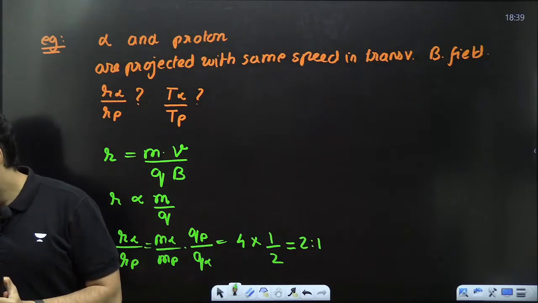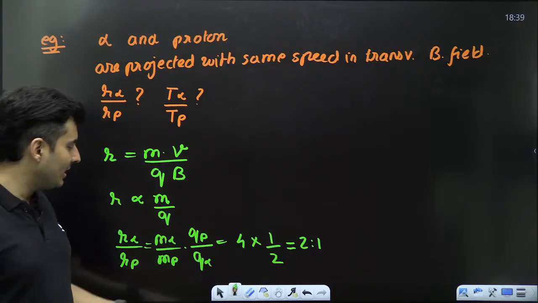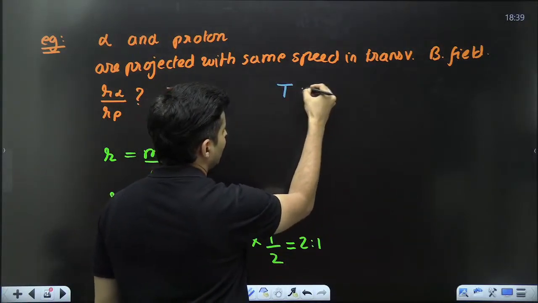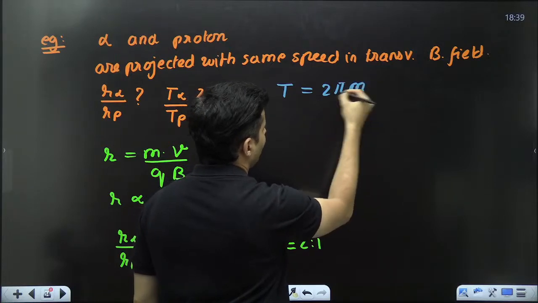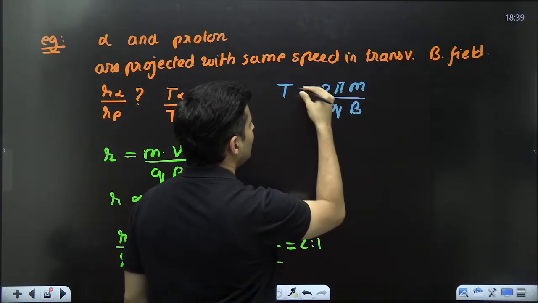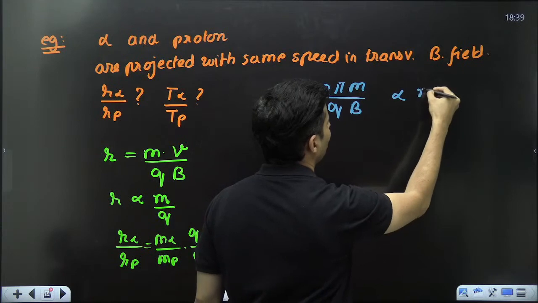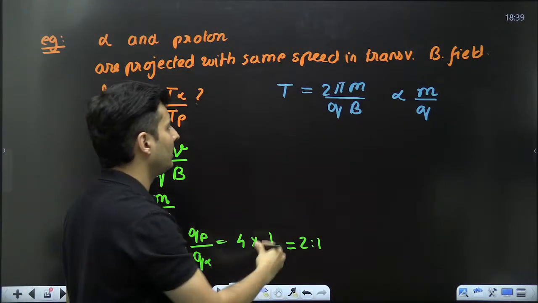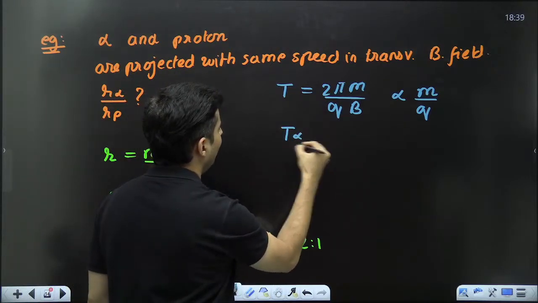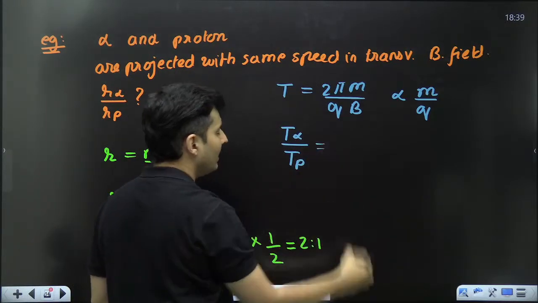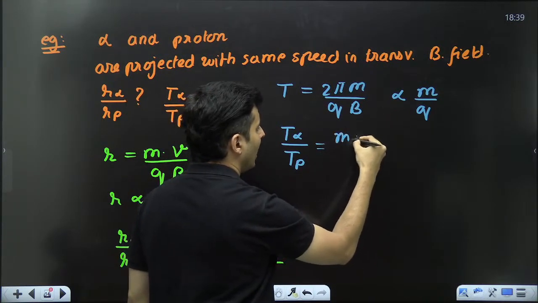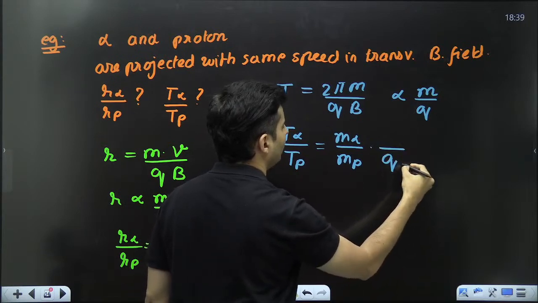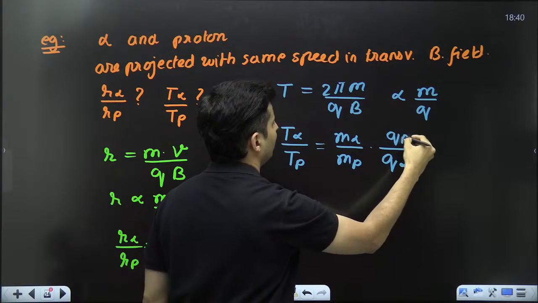Everyone with me? Awesome. Now let's talk about the time periods. Time period is nothing but 2 pi m by qB. So you can see time period is basically proportional to mass by charge, because B and 2 pi are the same for both of them. So time period of alpha by time period of proton will be mass of alpha upon mass of proton, and here you will have charge of alpha and charge of proton.